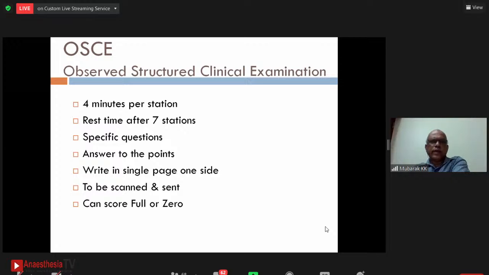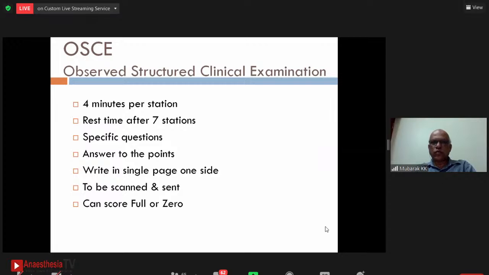The questions will be very specific and pinpointed, so answer only to the points. Write only on the single page, on one side, which has to be scanned. And OSCEs are so designed that you can score a full 6 out of 6 for one question, or if you lose the question, you will lose to 0 marks also.